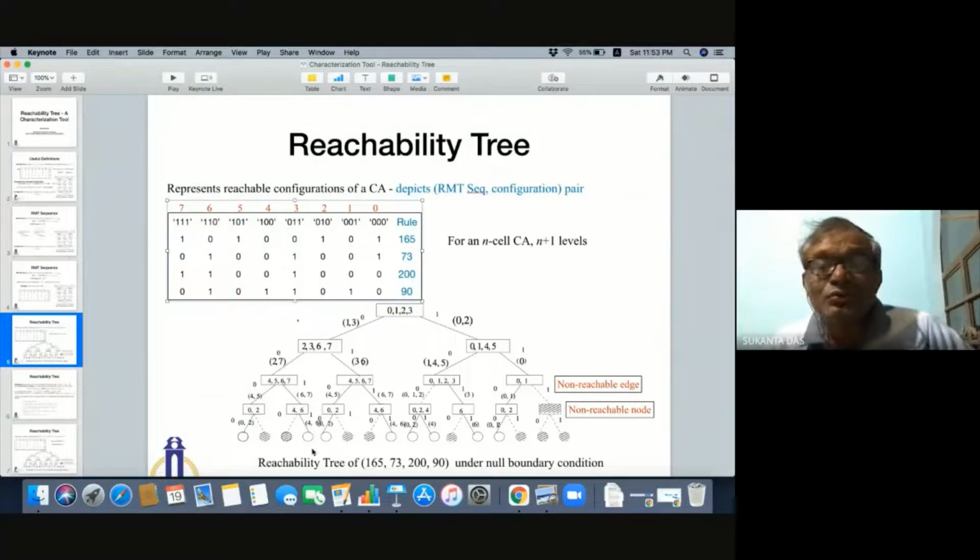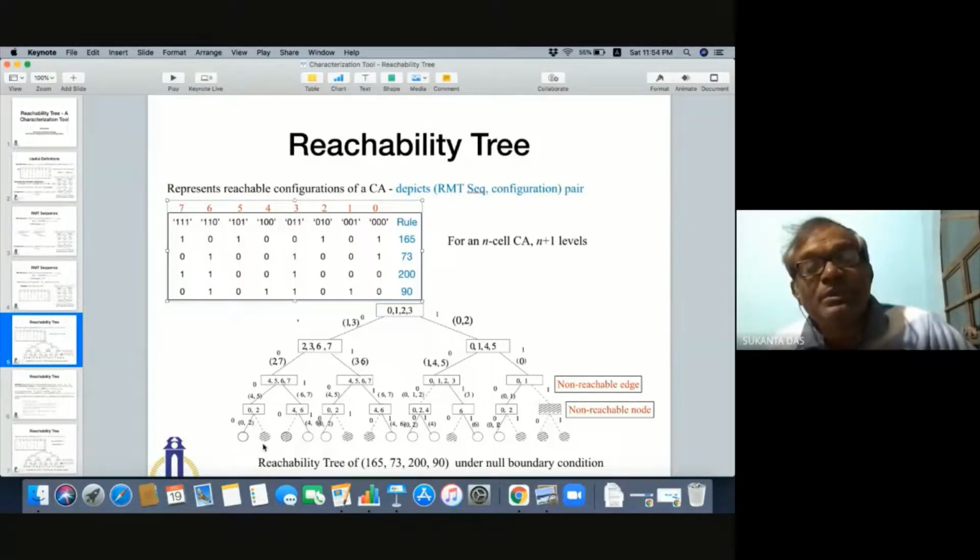Actually, if I am able to reach a leaf starting from the root, then I get a configuration, right?